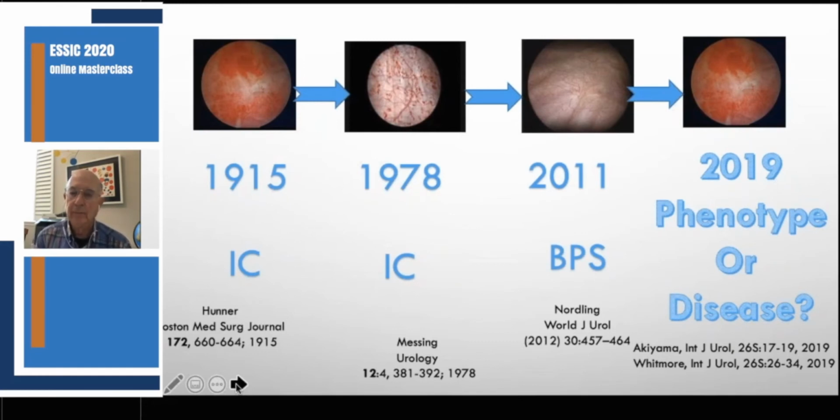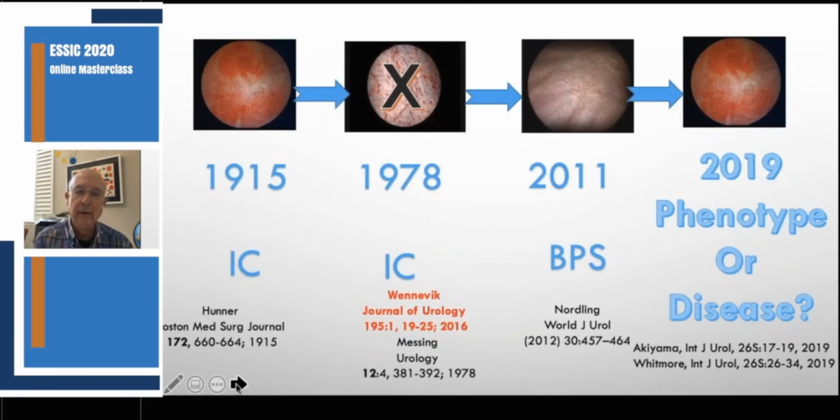As time went on, bladder pain syndrome defined a group of patients who had symptoms with or without a Hunter lesion, with or without glomerulations. And now in 2019, we're coming back to Hunter lesion as interstitial cystitis, as the original disease, a disease in and of itself, leaving bladder pain syndrome those patients without Hunter lesion.